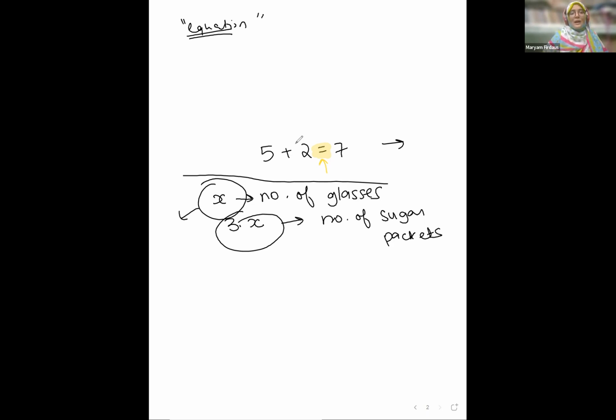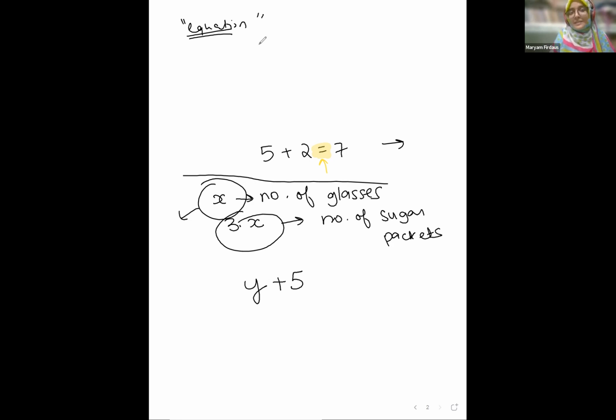Let's say I am comparing the ages of me and my sister, and I say I am 5 years older than my sister. So if my sister's age is Y, then my age will be Y plus 5, right?